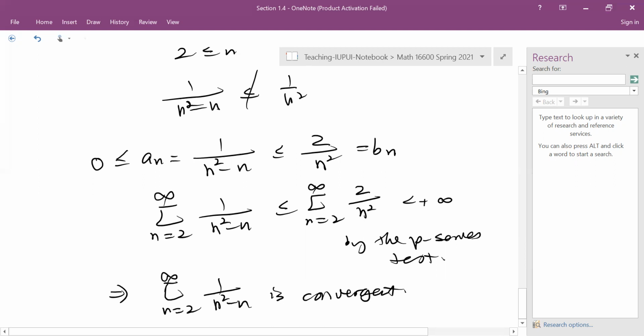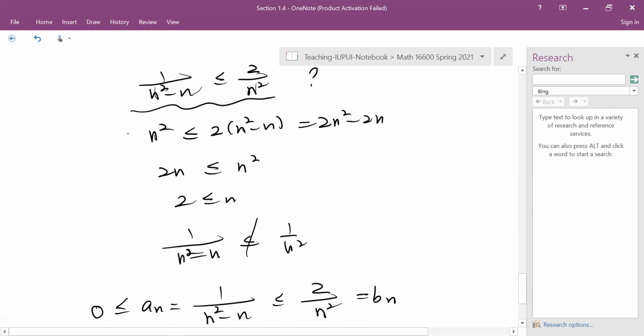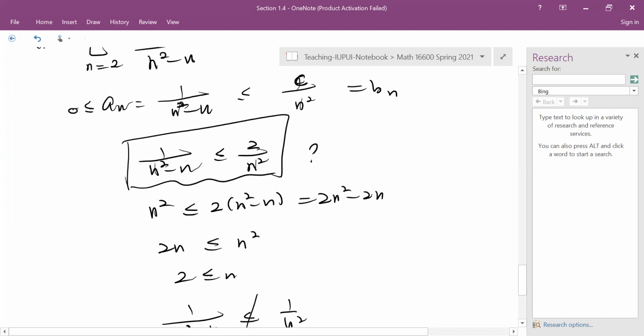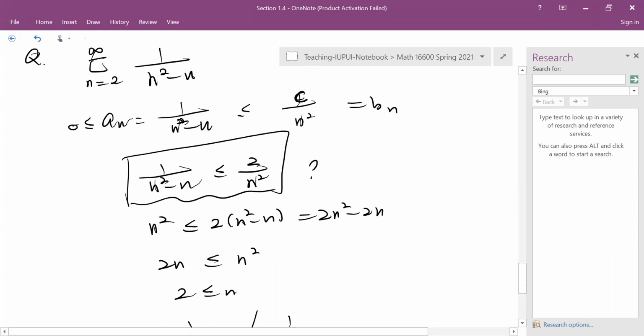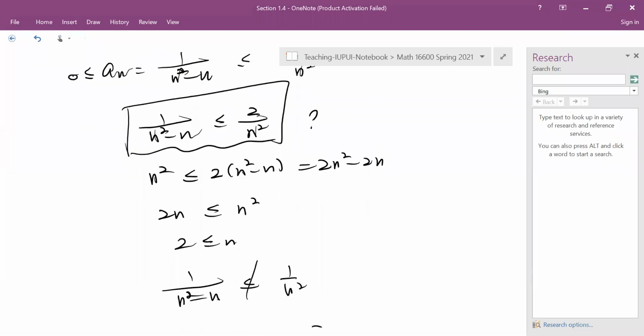Now, I think very few students will find a good upper bound. Okay, it's pretty challenging. If you can quickly figure out this already, that means you really have very good training in mathematics.